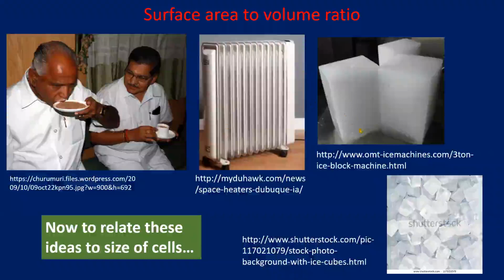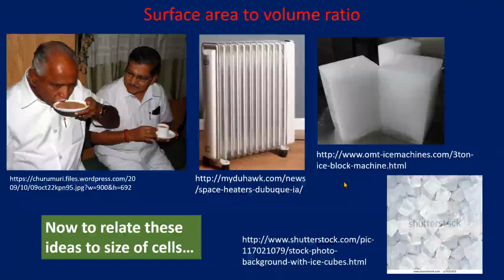The third one, you can see large ice cubes. And the fourth is ice cubes which one can use in soft drinks also. But let's say, given a situation, you want to cool down fish, or you want to cool down a soft drink, or any other liquid which is potable.